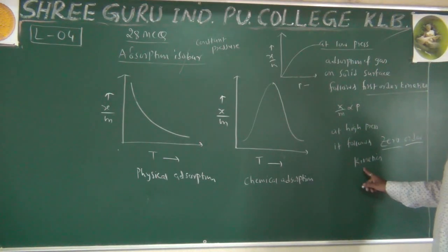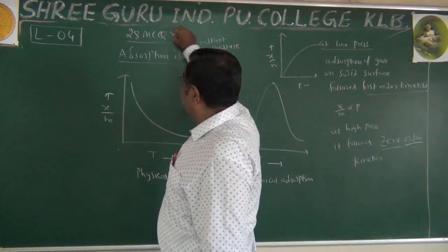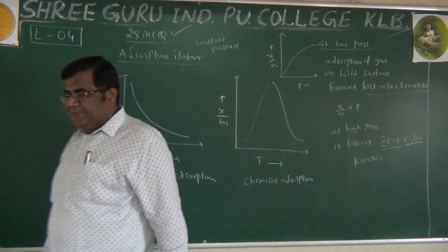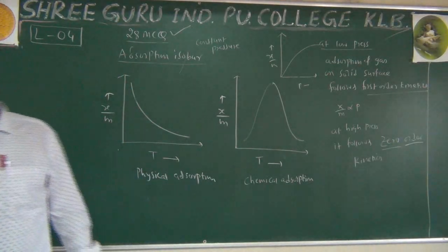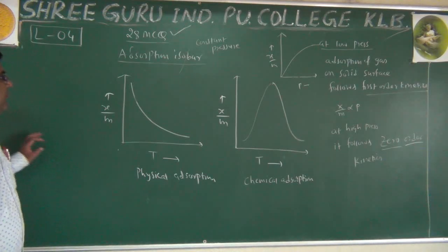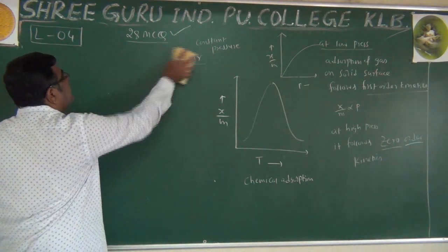So these 2 points are useful in solving those 28 MCQs, because if you solve them simultaneously, your work will be minimized. So this is all about the adsorption phenomenon.